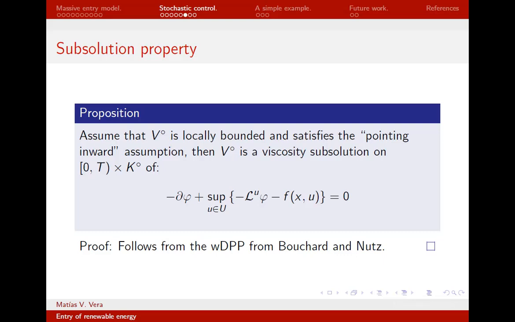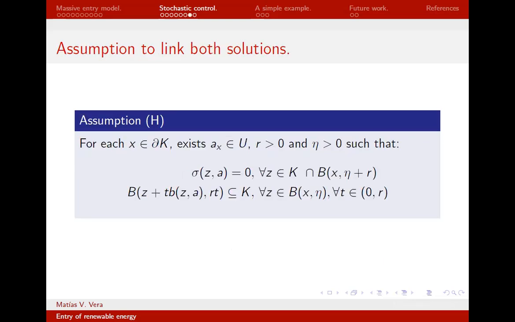So how do we link this? Well, we have this assumption that is basically this one, okay? But I generalize this one. We're going to need that for each point in the frontier, the boundary, there exists a control, a radius and a neighborhood such that I can turn off the volatility close to it.